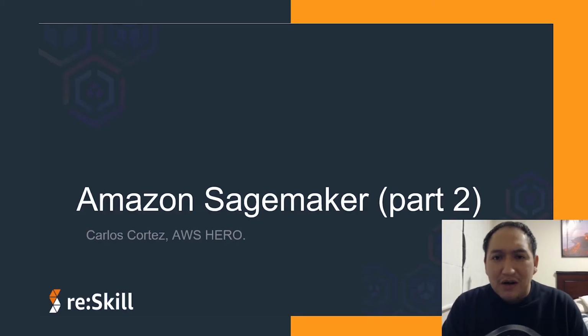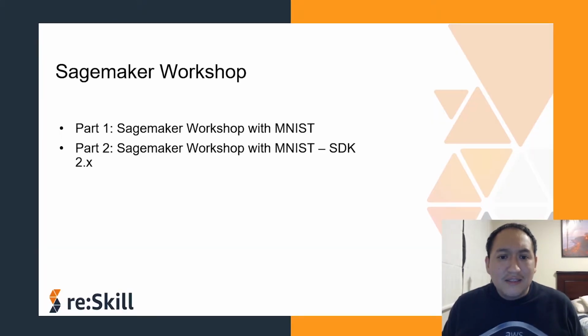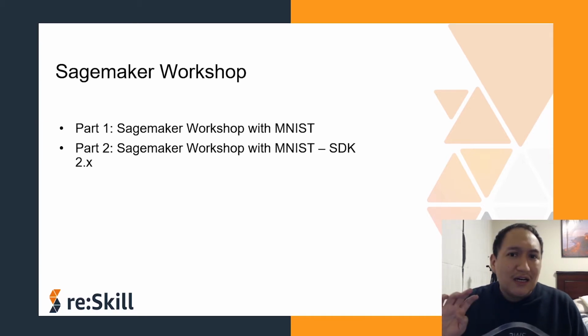In this section 2, we are going to do a little workshop using SageMaker with the MNIST dataset. We're going to perform some data splitting, get insights about our data, and also train our model and create SageMaker endpoints, to learn a little more about how to create processing jobs, training jobs, and more.